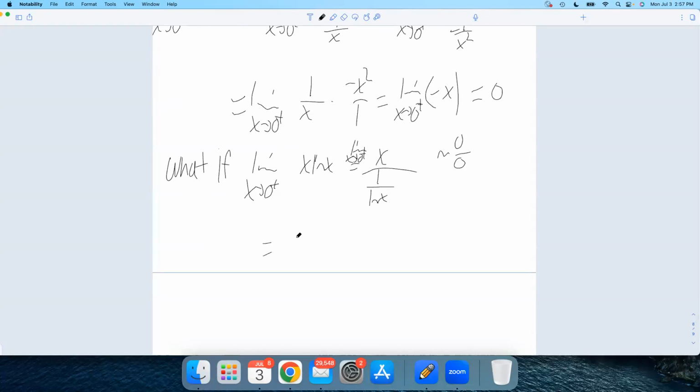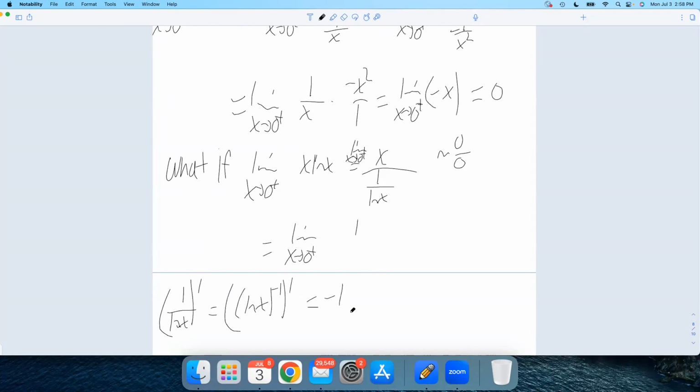The derivative of x is just 1. What's the derivative of 1 over natural log of x? I would have to think of that as ln of x to the negative 1 power and then take the derivative.